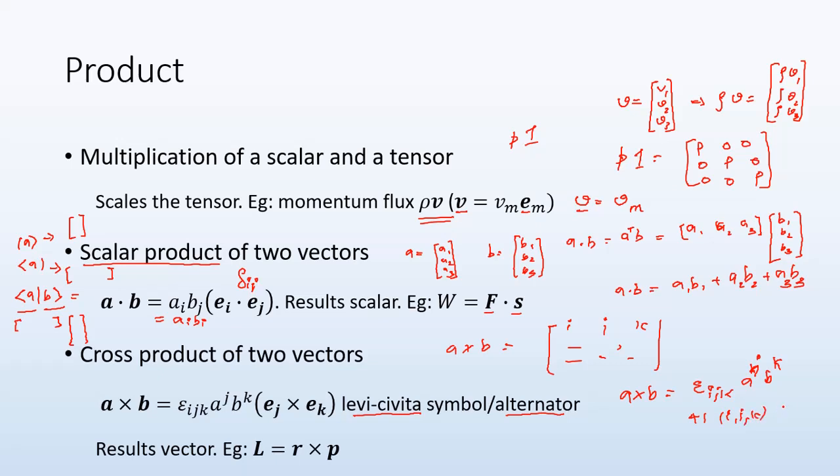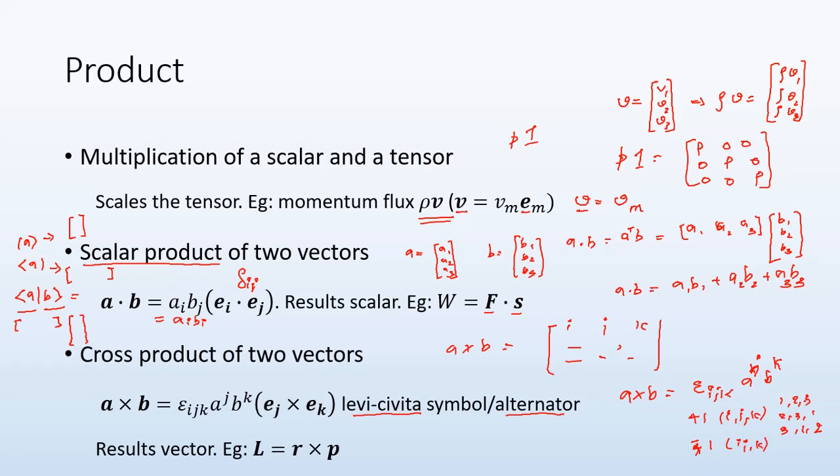Okay, this epsilon ijk, that is the alternator, will have a value plus 1 when ijk are in the order 1, 2, 3 or 2, 3, 1 or 3, 1, 2. It will have a value minus 1 when ijk is in the anti-clockwise order.